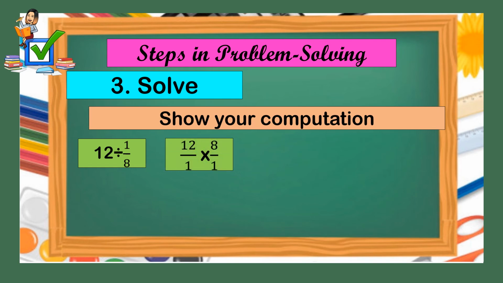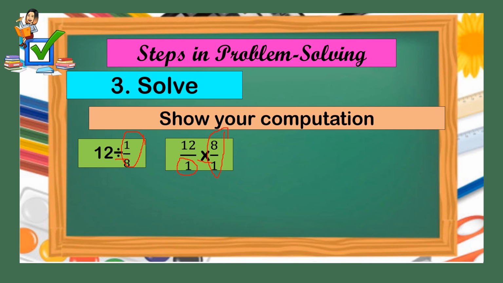So, lagyan natin ng 1 yung denominator or yung whole number na 12. So, 12 over 1. And then, change the division into multiplication and get the reciprocal of 1/8, which is 8 over 1.